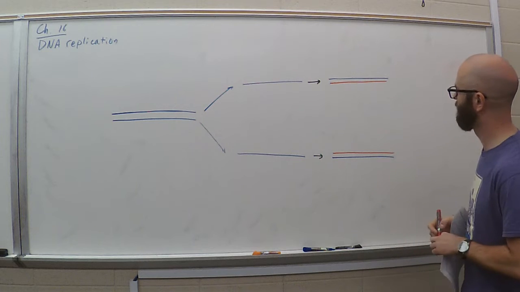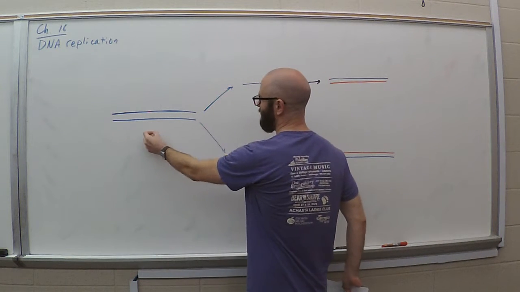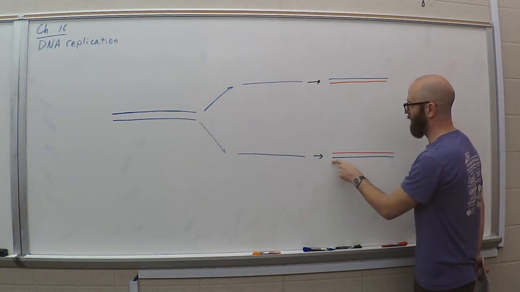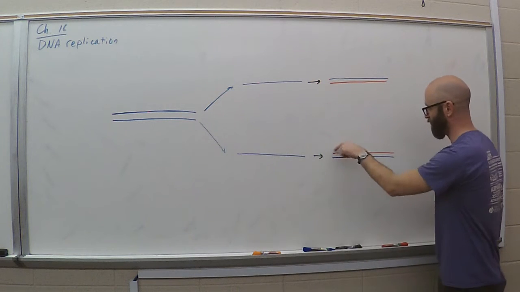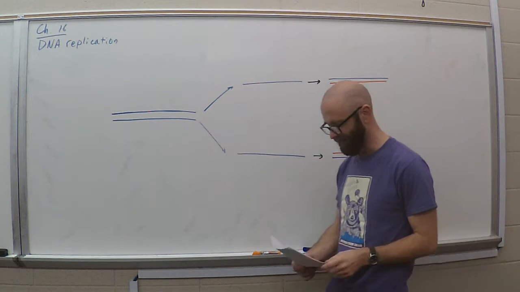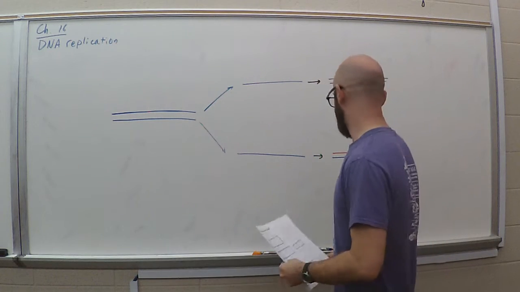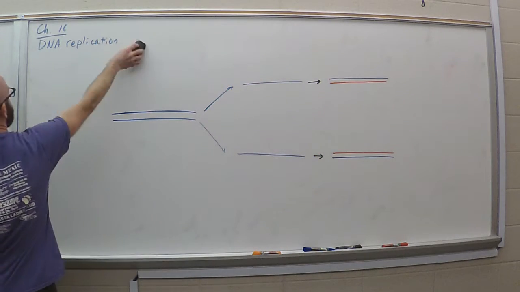Like so. All right, so you start out with a double strand of DNA, and then you end up with two double strands of DNA. Each one has one of the original strands, and then one new strand in red. So that's just a very broad overview of what happens. We'll go into the nuts and bolts of how that actually happens.